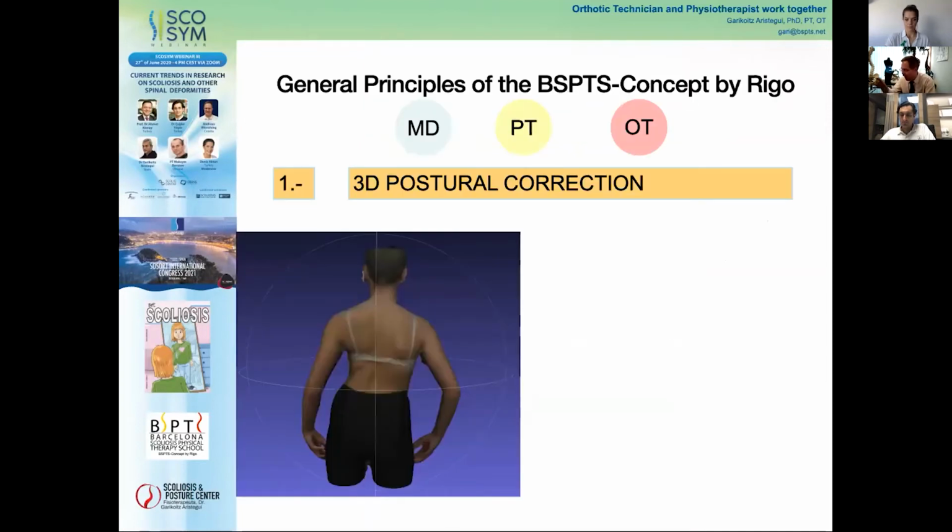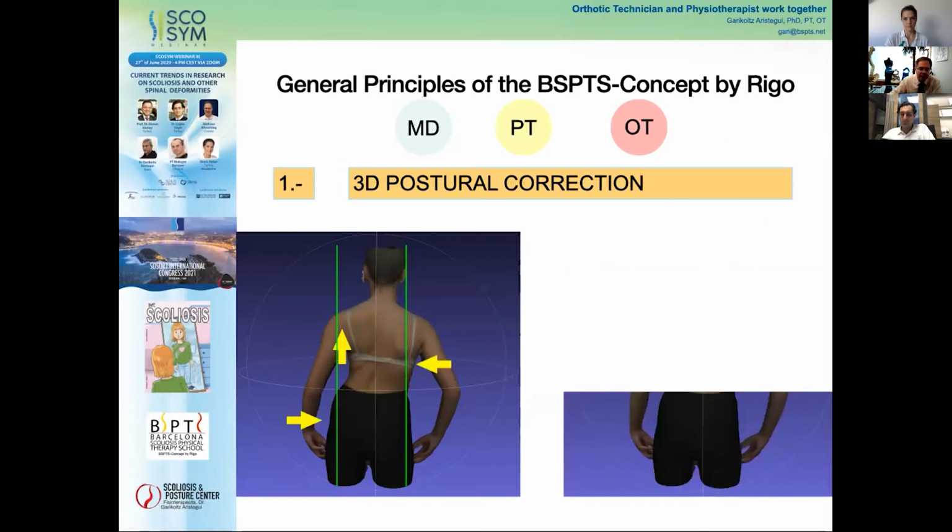Perfect. Now, after the scan, we have the possibility to define some reference, and we can see very easily the difference between the pelvis and the thoracic block, and we know where we can start working and pushing as physiotherapists. At the end, orthotics must do the same here, here, and also here.